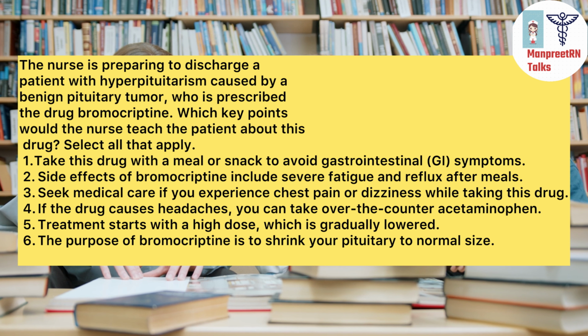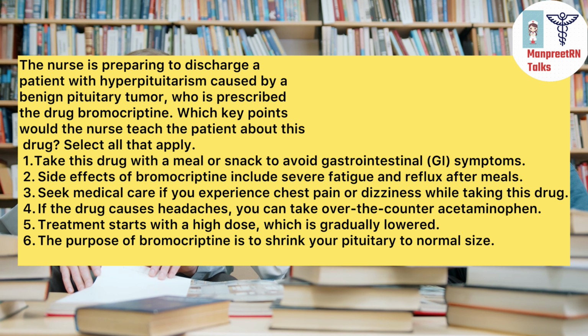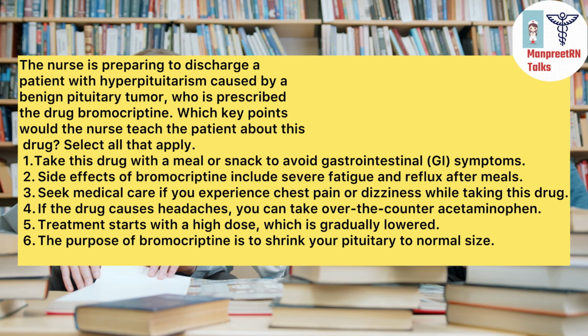Next question. The nurse is preparing to discharge a patient with hyperpituitarism caused by a benign pituitary tumor who is prescribed the drug bromocriptine. Which key points would the nurse teach the patient about this drug? Select all that apply. Take this drug with a meal or snack to reduce GI symptoms.